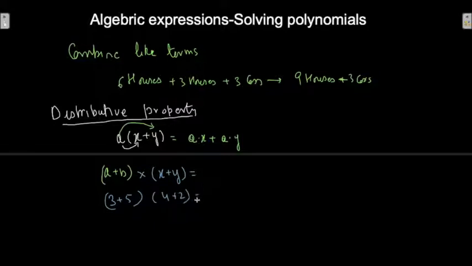Applying the distributive property, this whole 3 plus 5 gets multiplied by 4, and then 3 plus 5 gets multiplied by the other term 2.